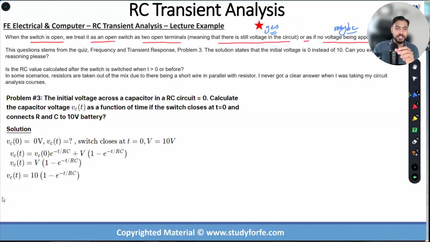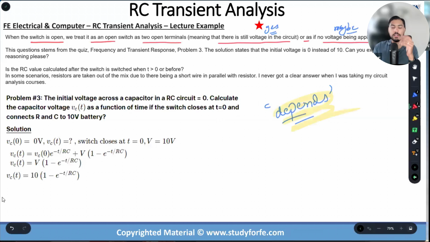In reality, the fact of the matter is that most of the time, it depends on the scenario. And students, if they are not approaching things from first principles with basic fundamental concepts and pieces of knowledge, they actually don't like this. It depends. They start rolling their eyes. Okay, another it depends, right?